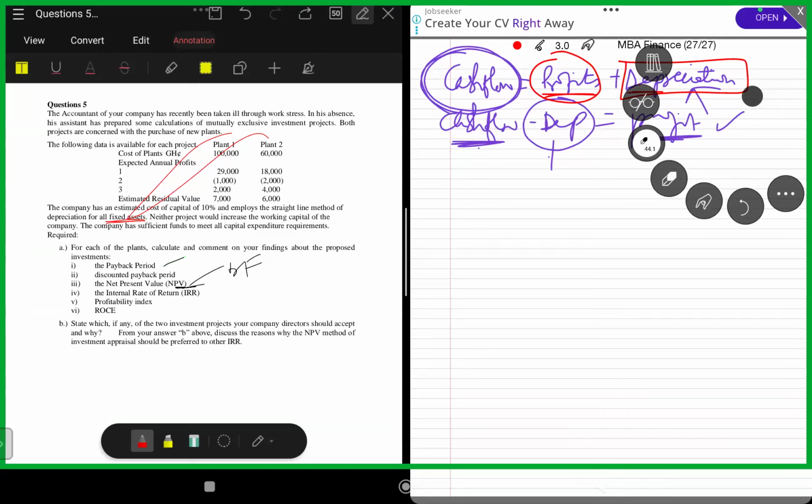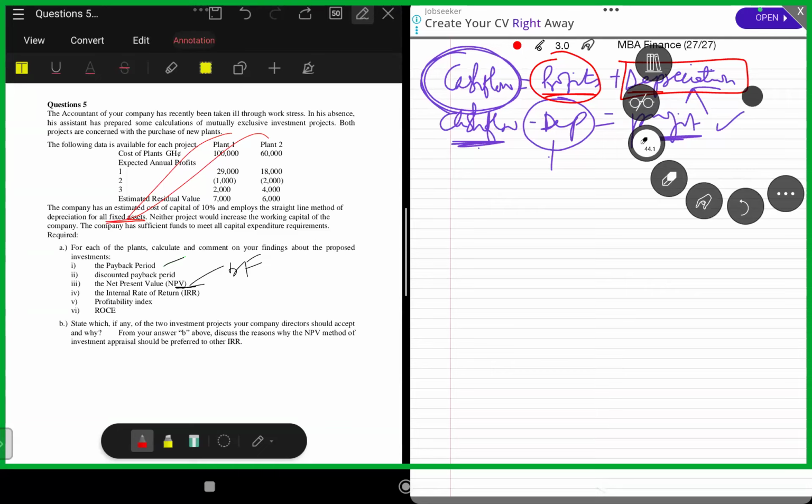Yeah, so when you get a depreciation, what do you do to it? You add it to every year. Every year, what? I want the name.